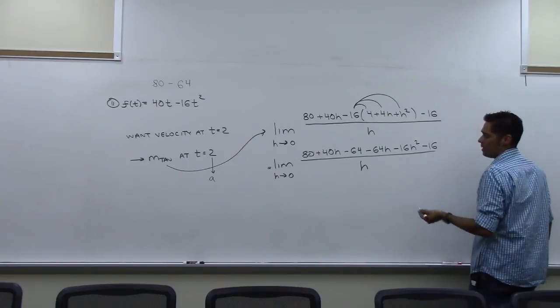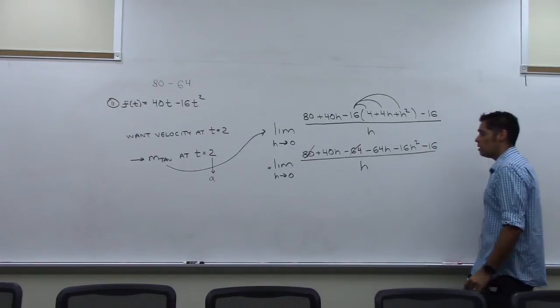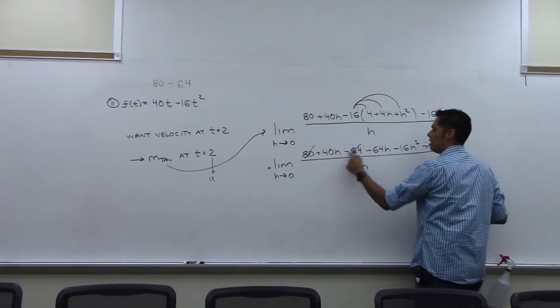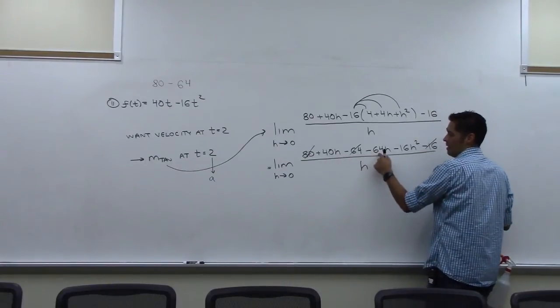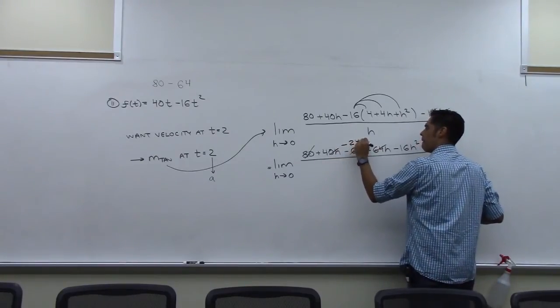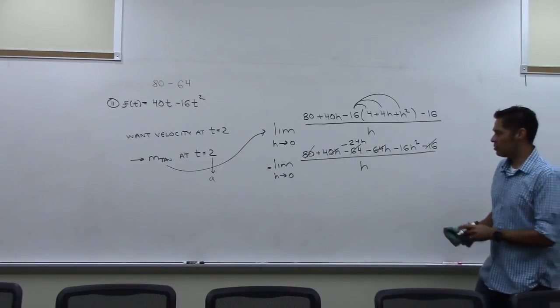And now cancellation hopefully happens. 80, take away 64, that leaves you 16, and then you take away 16, it's gone. Everything else here has an h in it. In fact, I can put these two together and get negative 24h. So all I'm left with on top is negative 24h minus 16h squared.